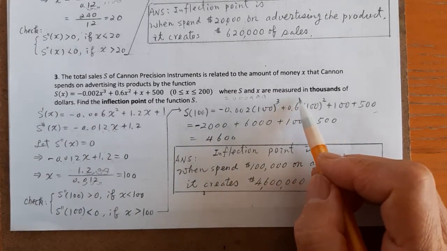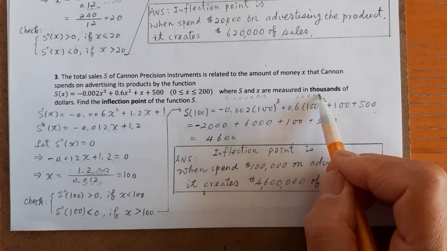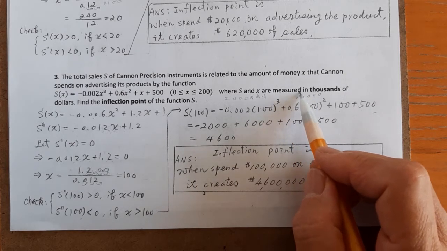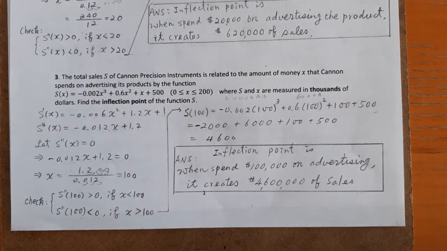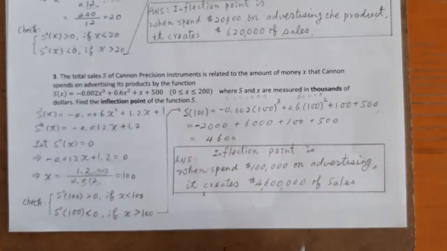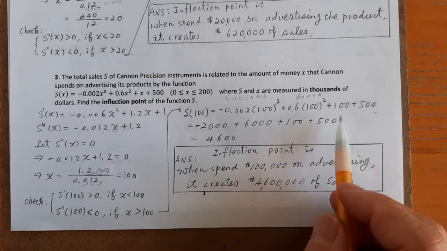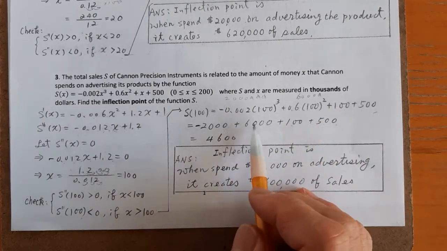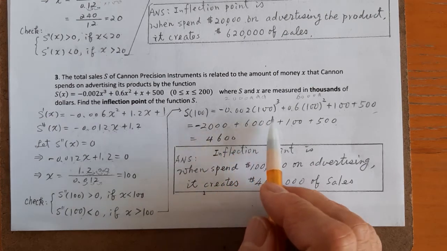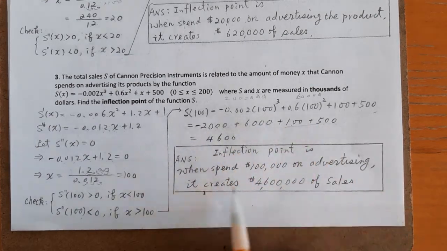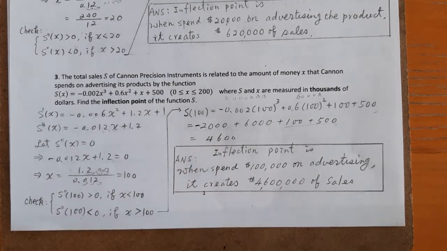This one is a square, 1 with 4 zeros, times 0.6, you get 6. 1 decimal digit, so 1 zero cancels. You get 6,000. You can use a calculator. And plus 100 plus 500 and combine. So this 6,000 minus 2,000 is 4,000. Add together it is 4,600.